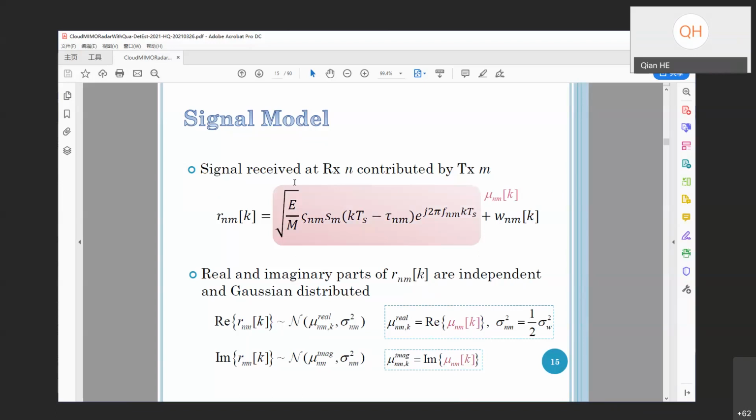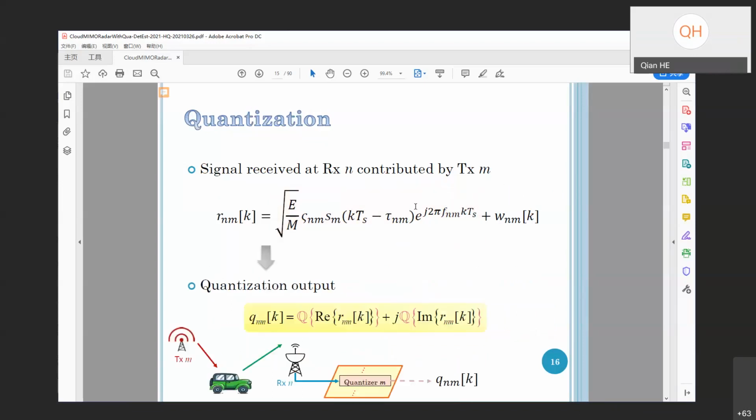We denote the useful signal part, the signal bounced off from the target, by mu_mn(k). So for the overall received signal, you take the real part and also the imaginary part, and then you quantize them.